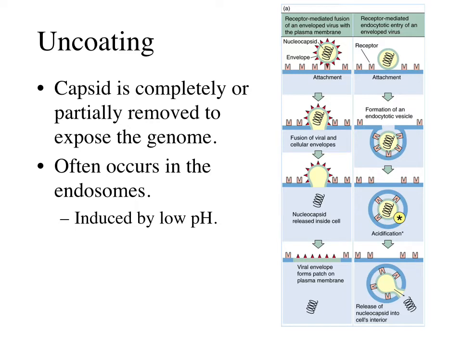And this process has been shown experimentally very nicely by using a drug that prevents acidification by inhibiting proton transport. We won't worry about what the name of the drug is. But when cells are treated with this drug, it completely inhibits infection with a number of viruses, such as influenza. And that's because they all enter the cytoplasm from acidified endosomes.